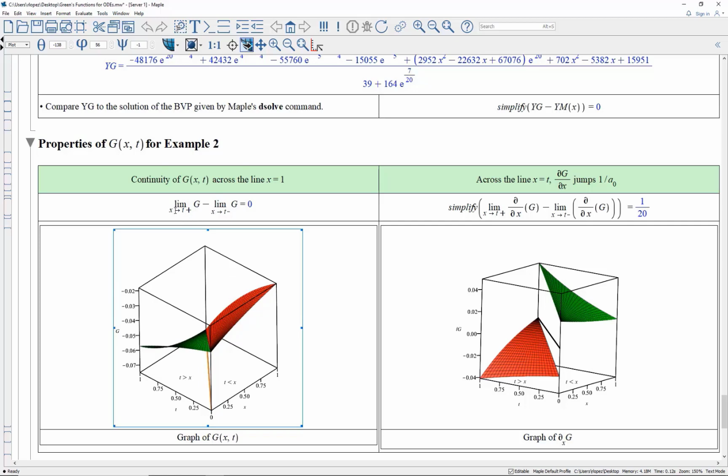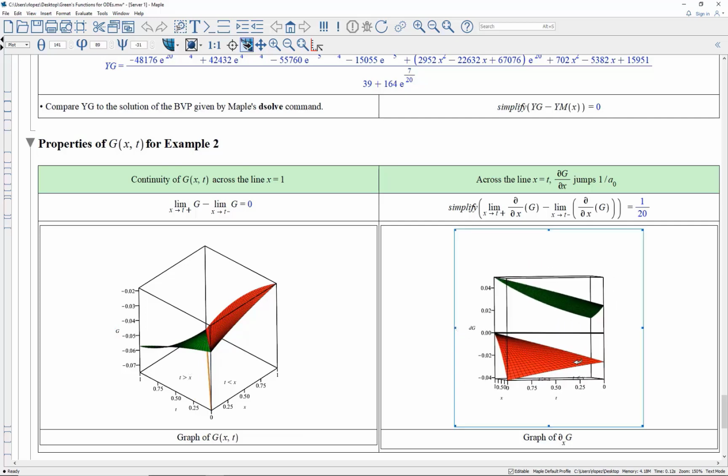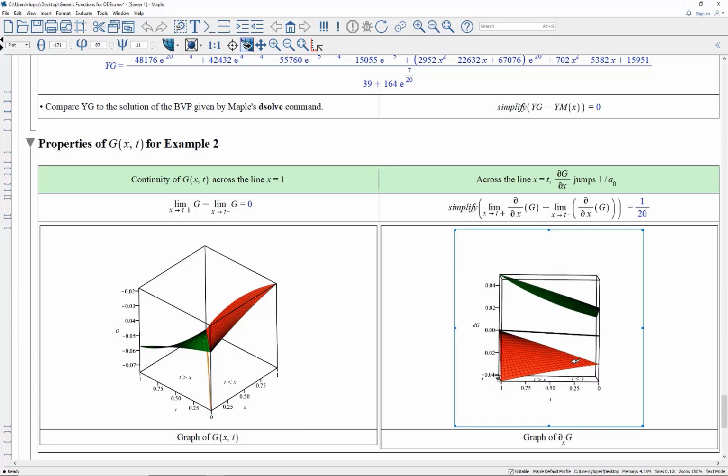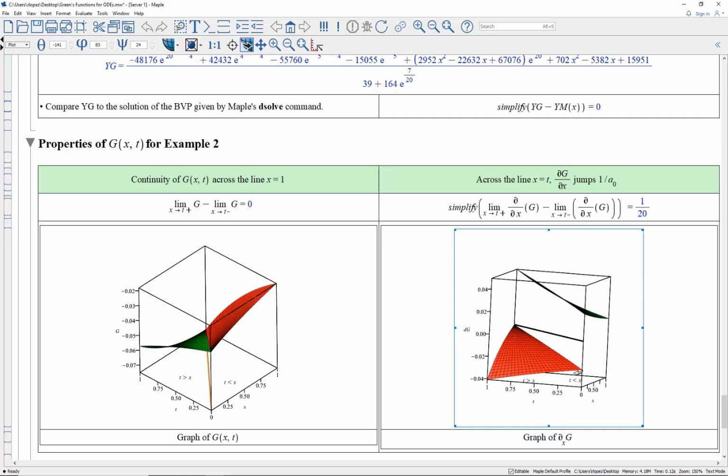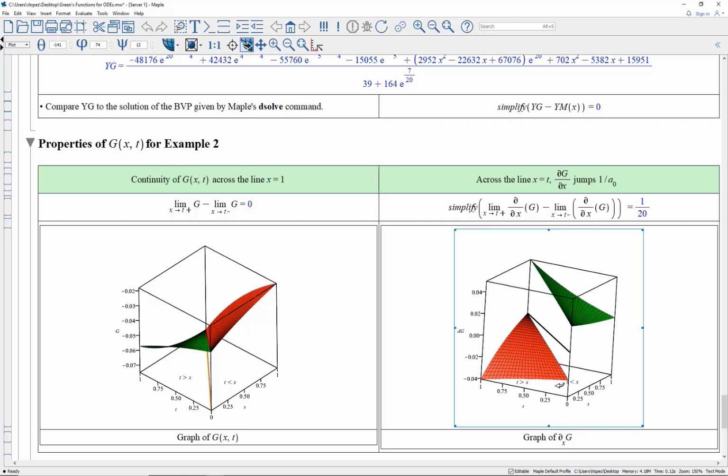Analytically, you're looking at the limit as x goes to t from the right, so x is always greater than t, and you're coming in this way. And for this limit, you're coming in this way. They match. But for the derivative, they don't match. You can see here there's a jump, and it's a uniform jump. It's 1/20th. You can see from the scale, 1 over A0, the discontinuity in the first derivative, the derivative with respect to x.